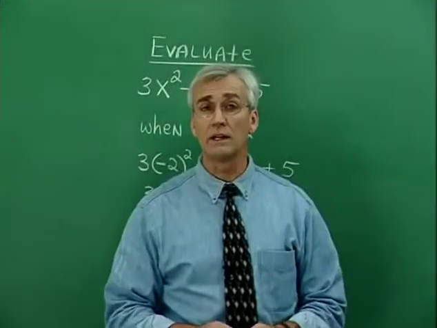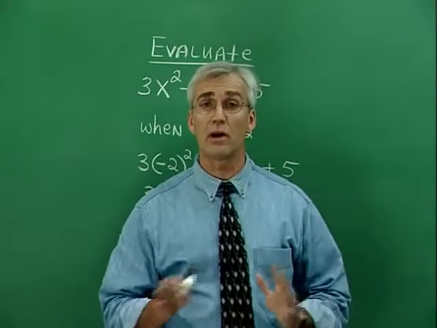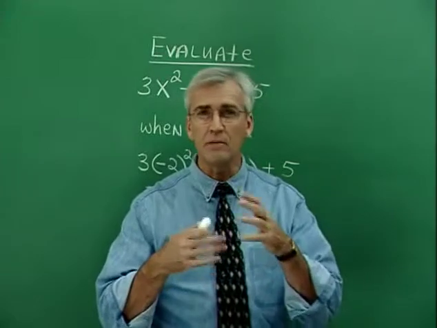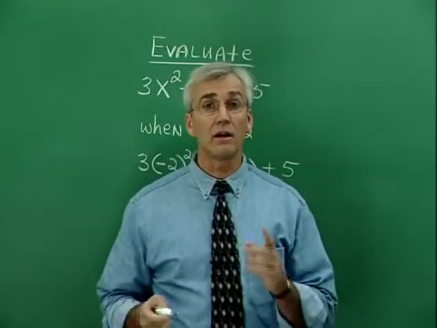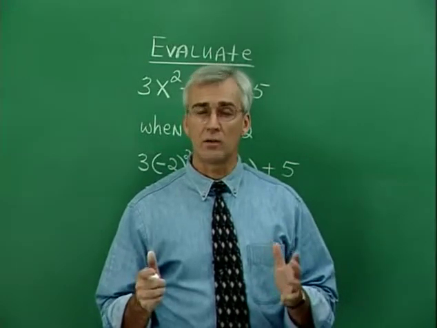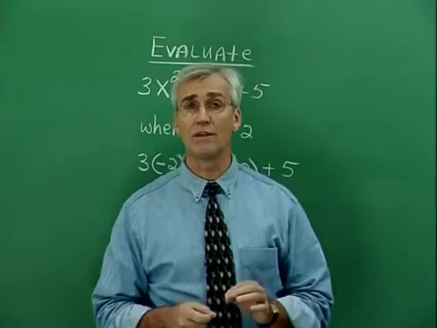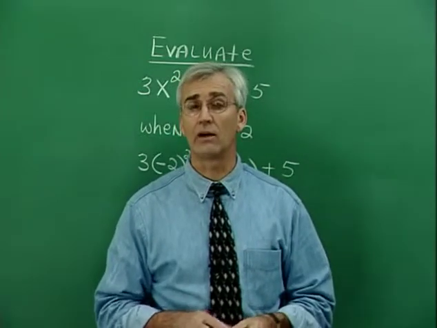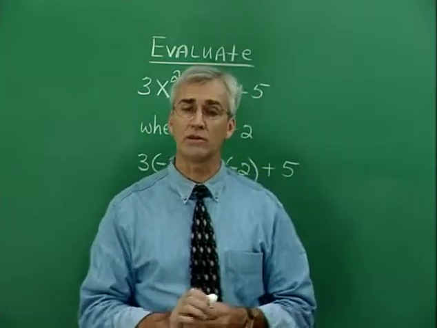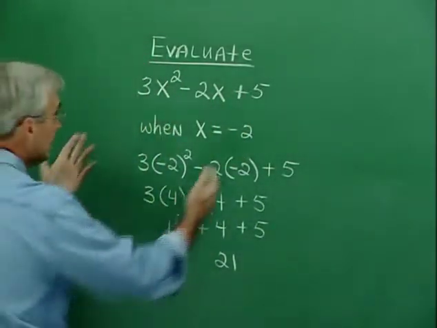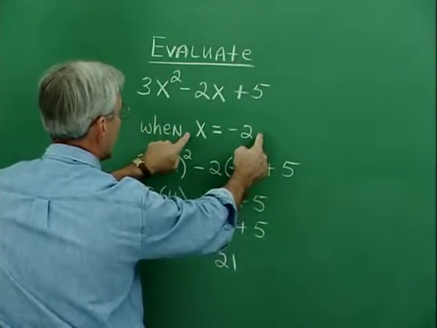There are fundamentally two things that we do with expressions. One thing is to simplify them, to manipulate them in some particular way. And another thing is to evaluate them. When we evaluate expressions, we are finding the value of the expression when we are presumably given the value of some letter or letters that appear in the expression. Here, for example, if we want to evaluate this expression, we're given the value that x is negative 2.